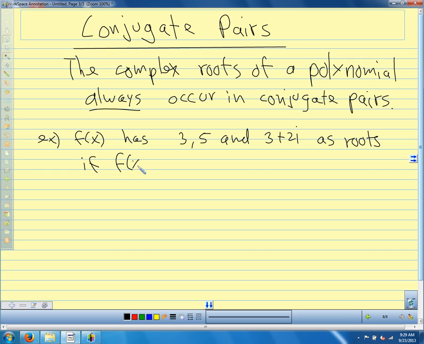If f has degree 4, what is the other root? So we have a 4th degree polynomial. We have 3 of the roots. How can we figure out the other root?